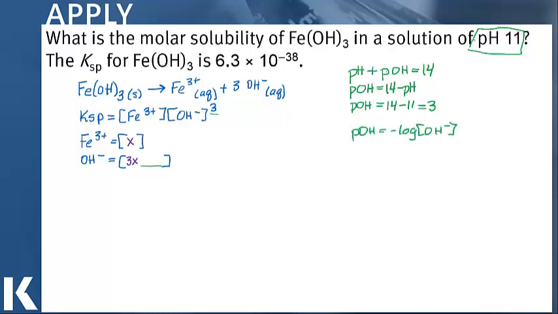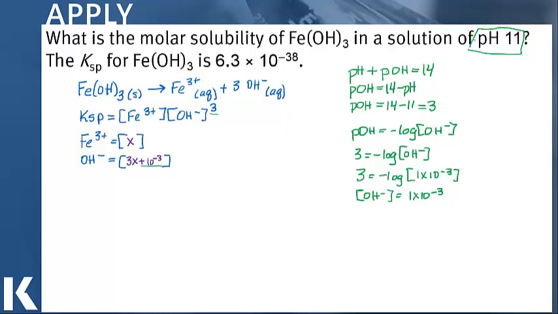So I know that pOH is equal to the negative log of hydroxide ions. To get a 3, this means that it's going to be the negative log of 1 times 10 to the negative 3. So my hydroxide concentration is going to be 1 times 10 to the negative 3. That's what I'm going to add to my 3x.